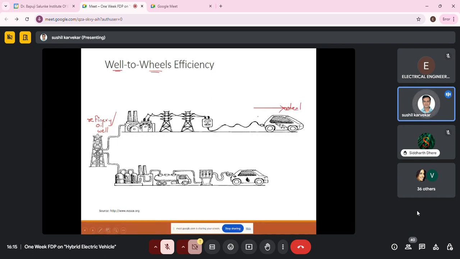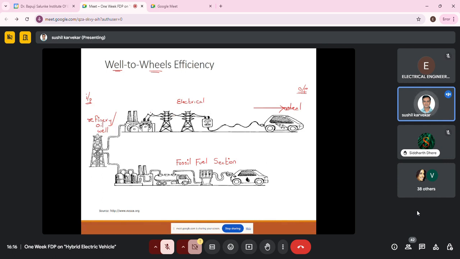So this is something we need to understand. Whatever energy is present at the input side, how much energy is present at the output side. Here we are going to consider the electrical section, and here we are going to consider the fossil fuel section.